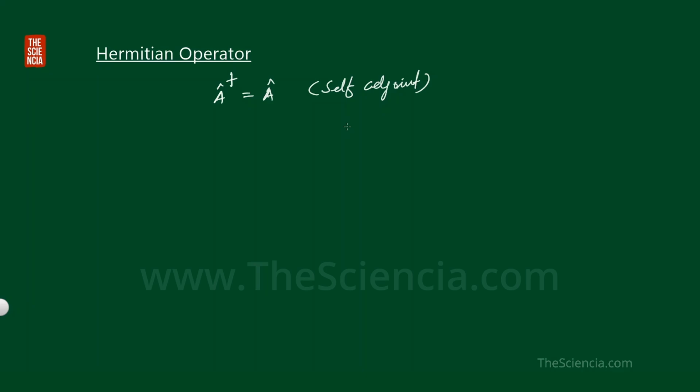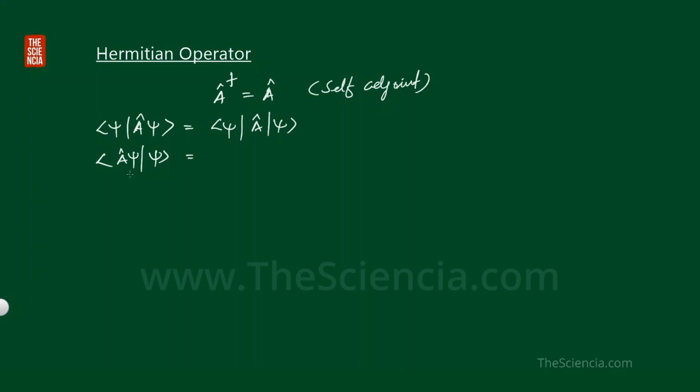So in Dirac notation, bra psi ket A psi. I can take this operator A outside the ket, that is bra psi operator A ket psi, and bra A psi ket psi.